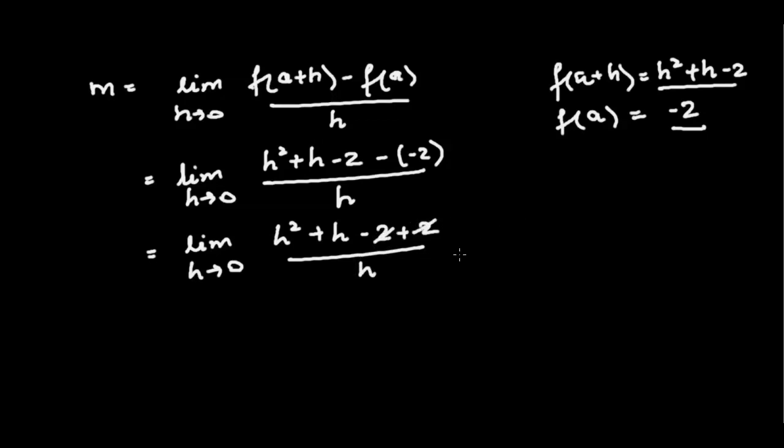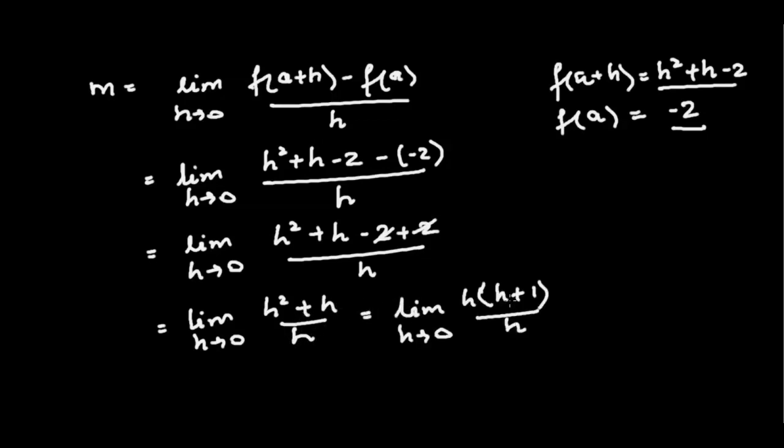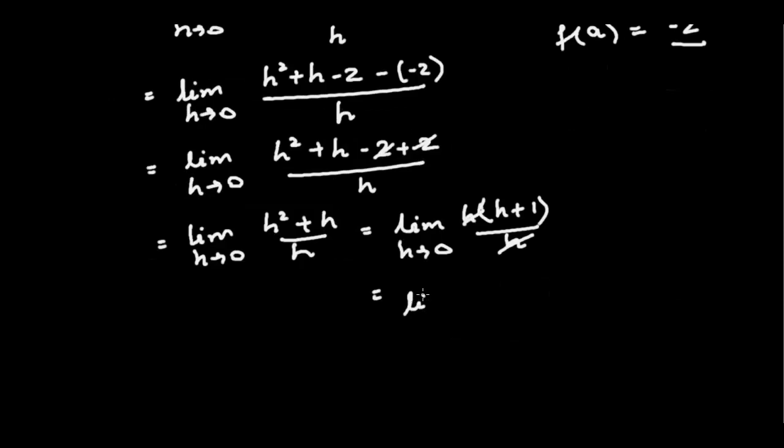We can cancel this out, and we would be finally left with limit h approaches 0, h squared plus h over h. To simplify it further, we can factor h out of the numerator. We can cancel this and this out, and finally we will be left with limit h approaches 0 of h plus 1.